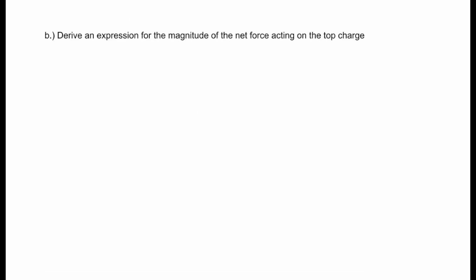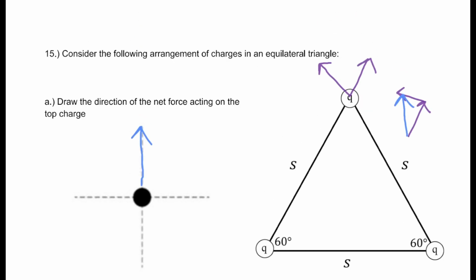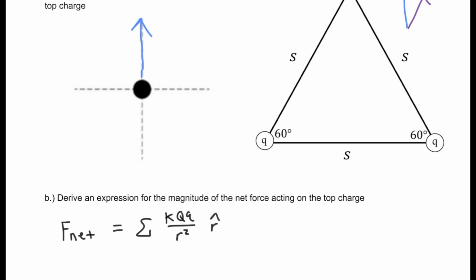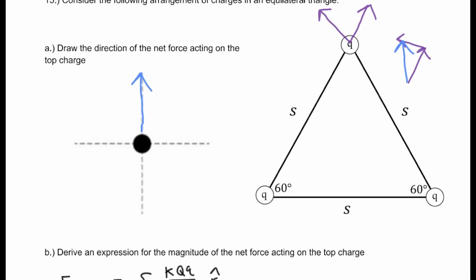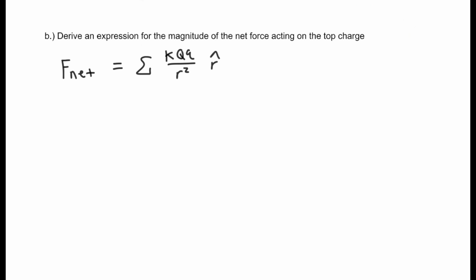Derive an expression for the net force on the top charge. So once again, we know that the net force is going to be equal to the sum of all of the k, q, q over r squared r hats. I'm putting the r hat here because direction matters. So just writing Coulomb's law is always the first step. And then using our picture, we see that what we want isn't the full force of each.